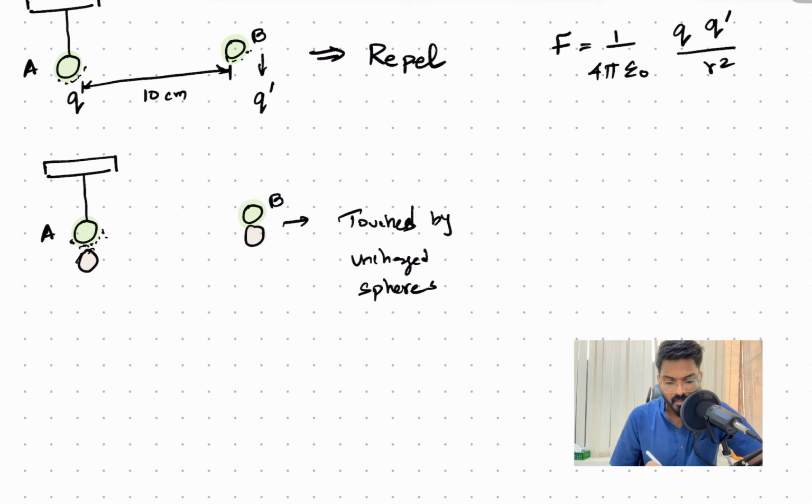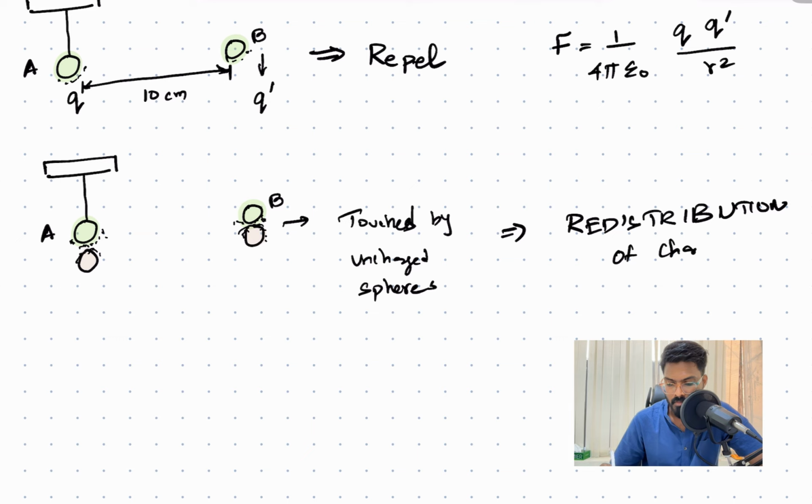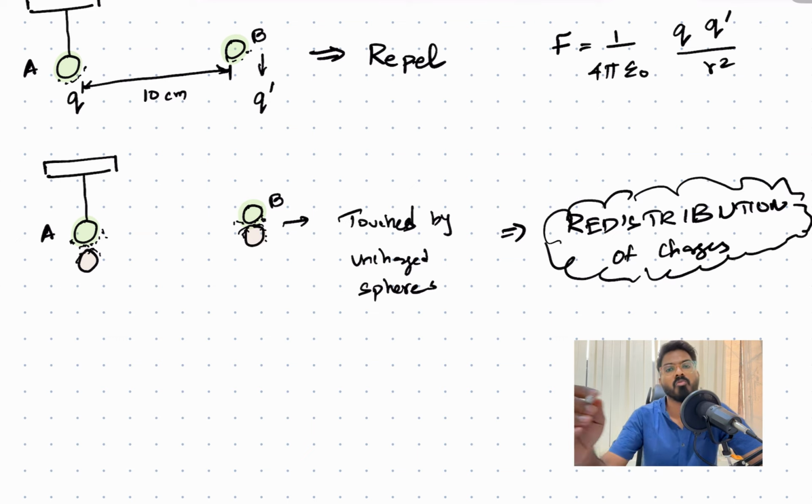The moment it touches, there is a redistribution of the charges. Mind you, this redistribution happens only in conductors. If the spheres I am touching are not conductors but insulators, there will be no redistribution of charges. Now there is a redistribution of charges that has happened.